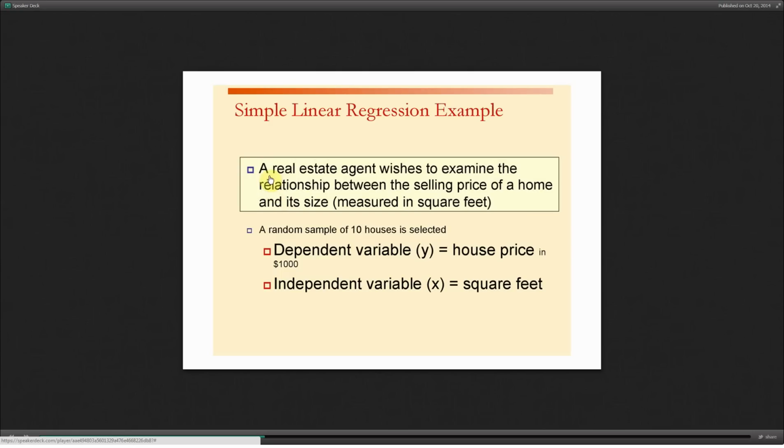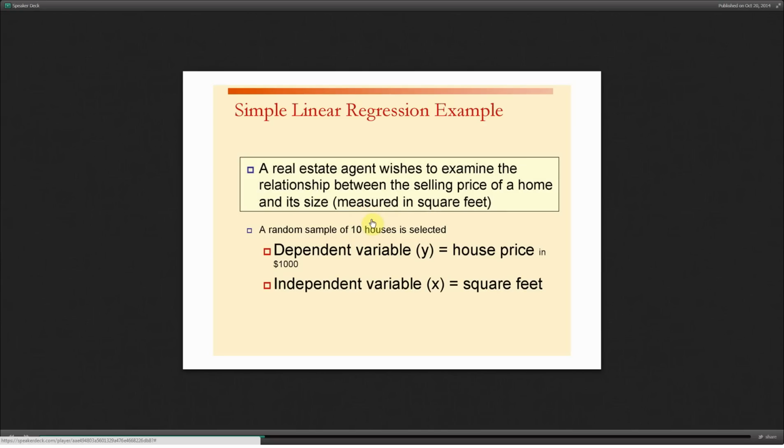Let's take an example. Let's take our real estate data and say that we wish to look at the relationship between selling price and its size in square feet. Now, the last time we looked at this, we saw that it's pretty natural to think that this is bivariate data, that there's going to be a positive relationship between selling price and the size.